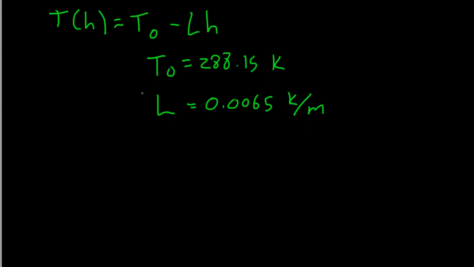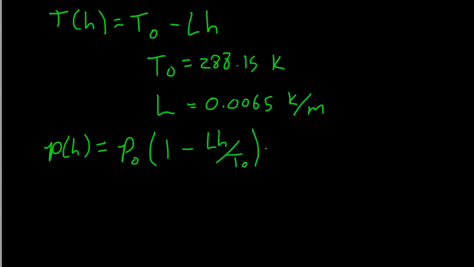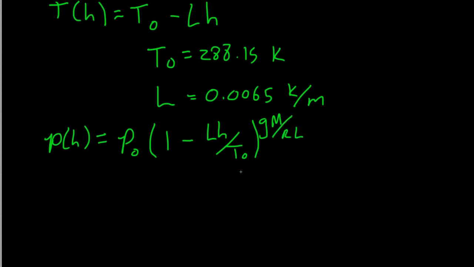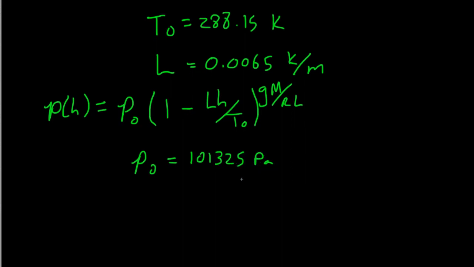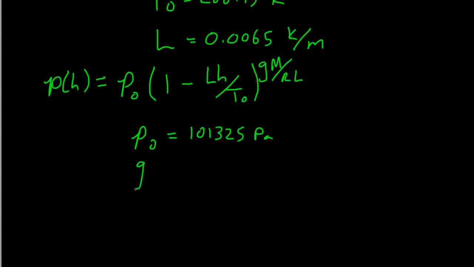The model of pressure versus altitude is slightly more complex. P0 is the standard sea level atmospheric pressure, which is 101,325 pascals. g stands for the Earth's standard acceleration due to gravity in meters per second squared.